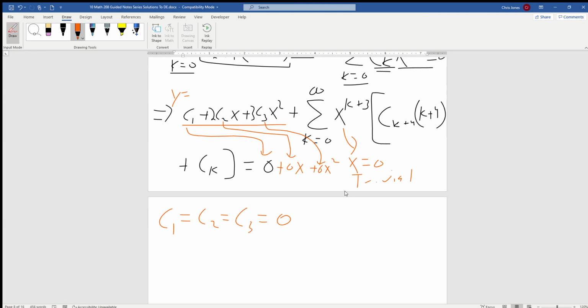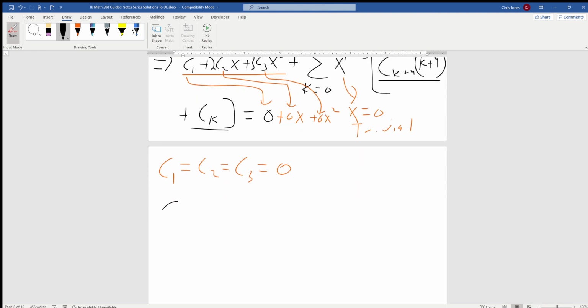This is a trick that we're going to use throughout the course when we solve these by series solutions. One last thing we can arrive at is that c sub k plus 4 times k plus 4 plus c sub k is equal to 0.